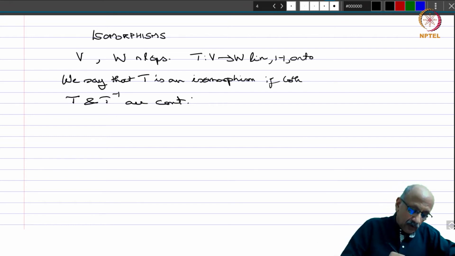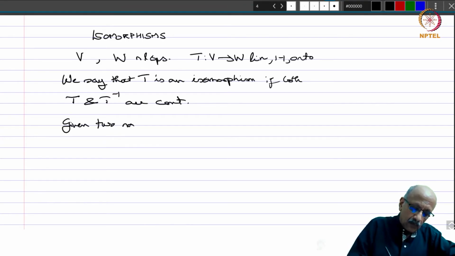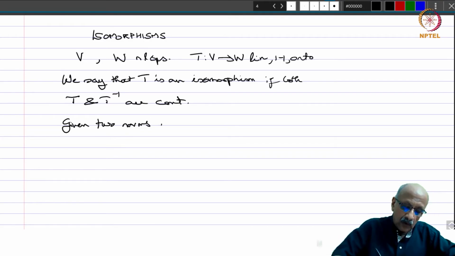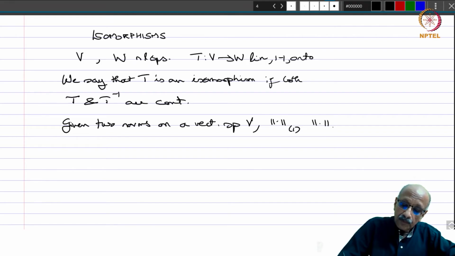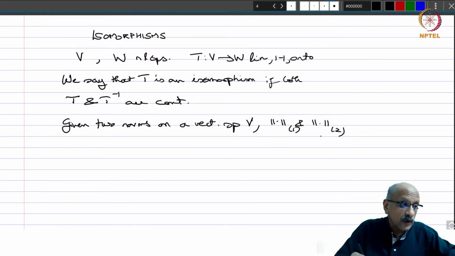Okay, so given two norms on a vector space, we say norm 1 and norm 2. I am putting a bracket now so that we don't confuse with the norm 1, norm 2 which we defined earlier.